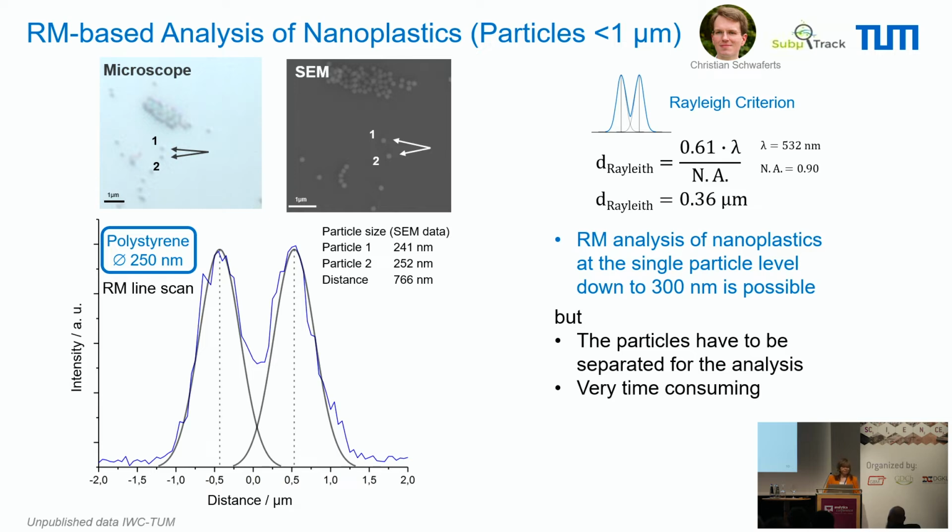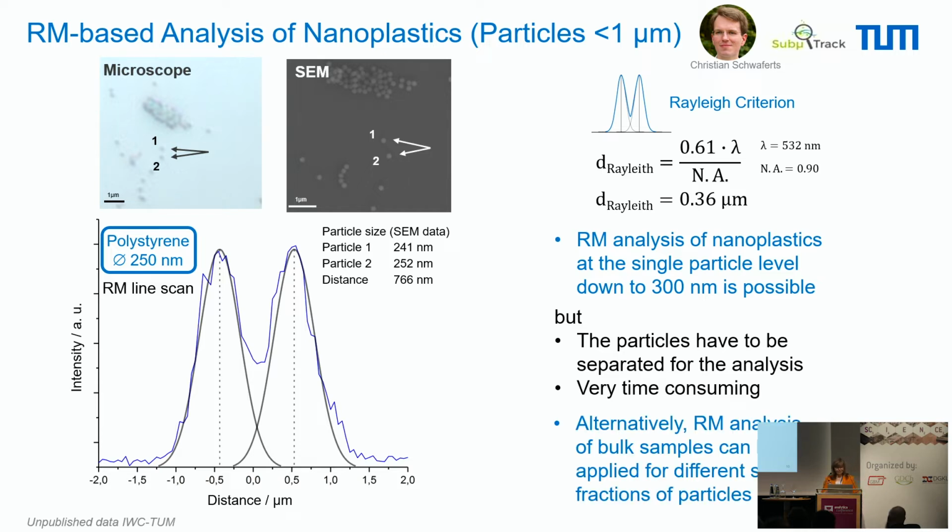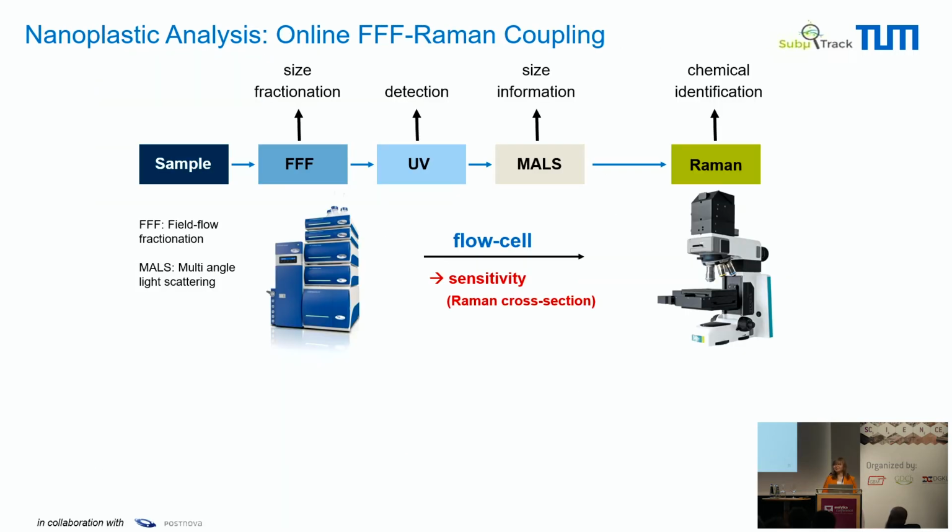Therefore, if you want to perform detailed analysis, it can be applied, but for high throughput analysis, something different has to be found. And we decided to use the combination of field flow fractionation and Raman microspectroscopy for the identification of particles. So with field flow fractionation, we obtained size fractions of particles smaller than 1 micrometer.